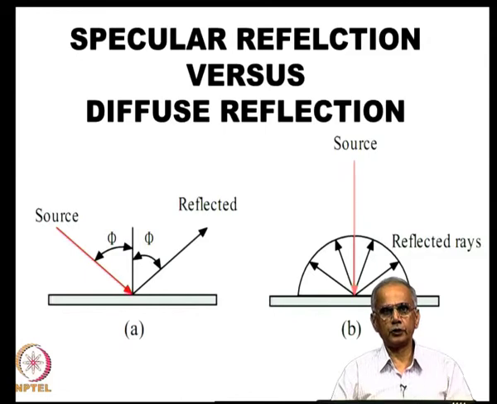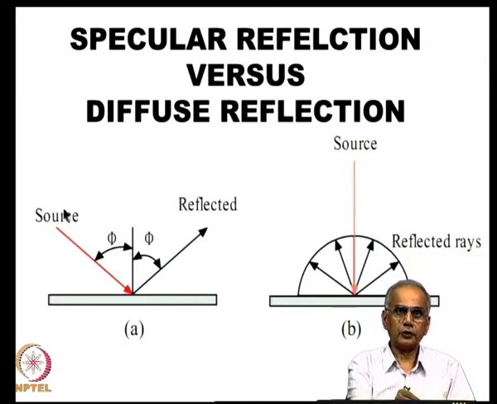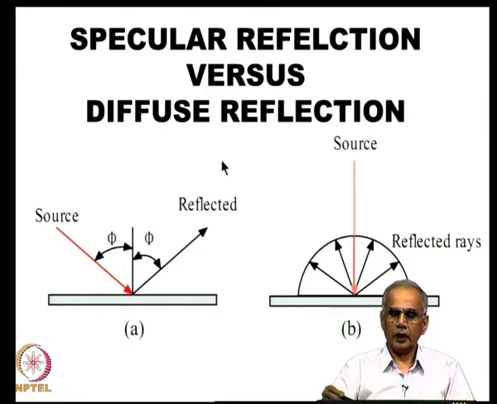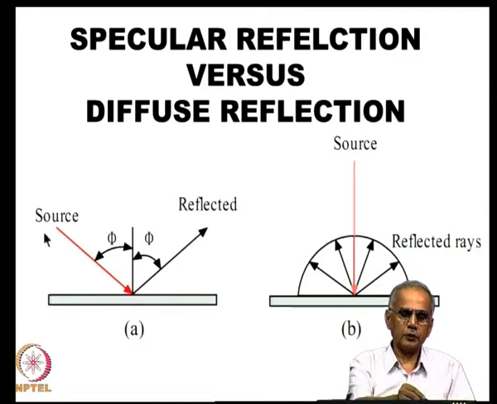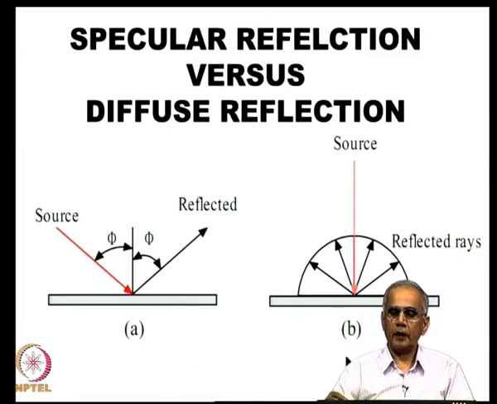Here is a picture showing the difference between mirror like reflection shown here and diffuse reflection which is shown here. So, this is the kind of reflection you will see if the surface is highly polished and free of any defects, and this is what you will see in a rough surface where the reflection will be in all directions.